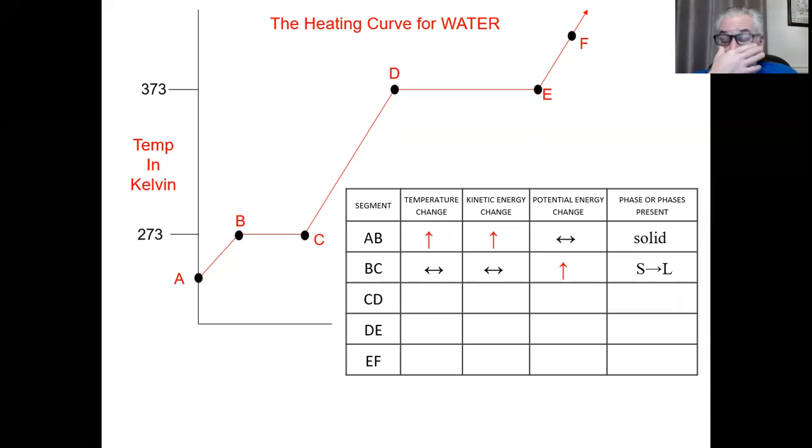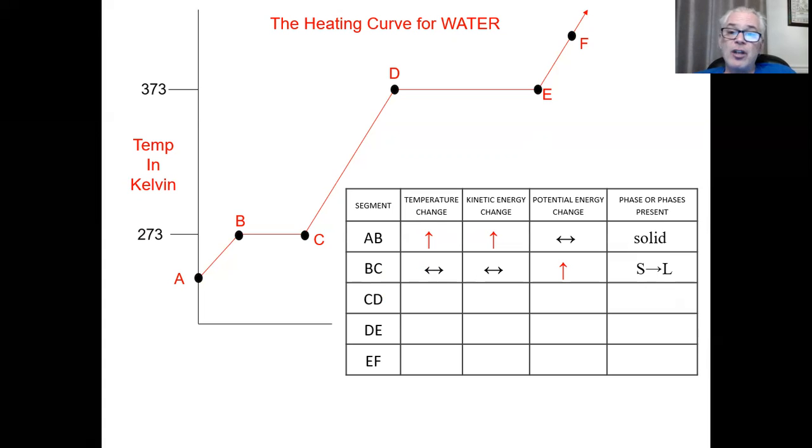The potential has gone up. The liquid has more potential energy, same temperature, same kinetic energy, right? The particles are humming along at B, and at C, they're loose, but they're not moving any faster. So the kinetic energy is constant, but now they're loose. So we say the potential energy has increased.